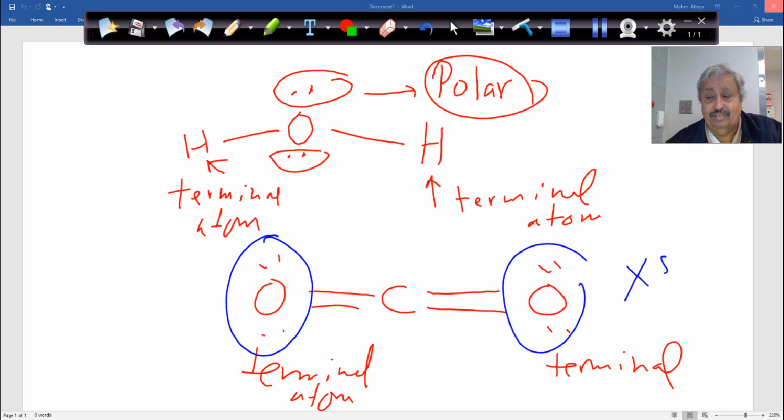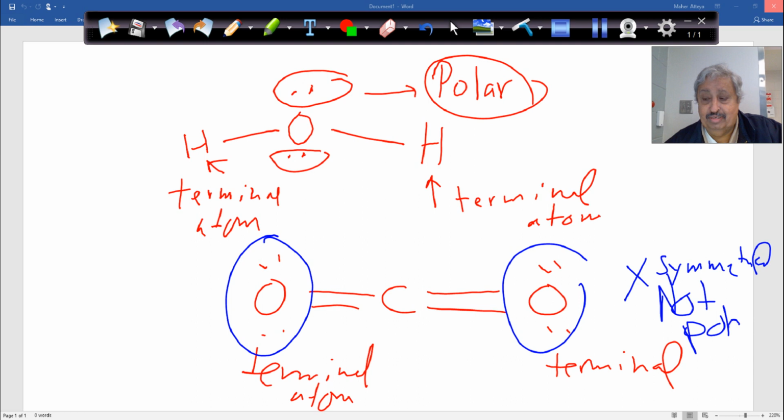So this is a symmetrical molecule, not polar. All polarity means is being soluble in a polar solvent that conducts electricity. Polarity always means conduction of what? Electricity, flow of electrons from one side to another, valence electrons. So this is not polar.